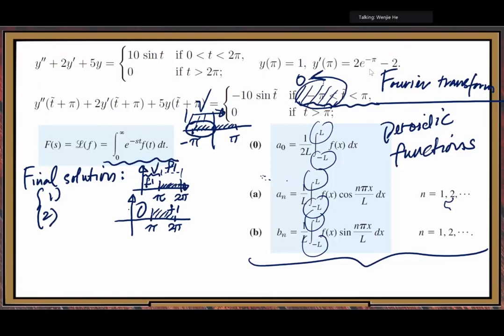Second way: if we do it the Fourier transform way, that means we throw away the Laplace transform way, right? We drop it. We do not apply the Laplace transform for this particular problem. That's still a pity.